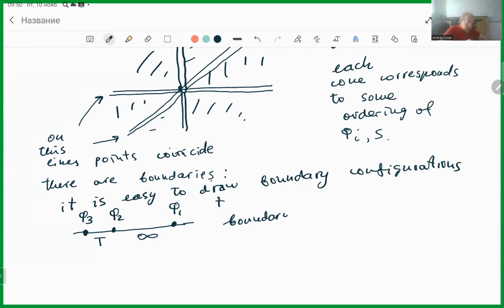It's a typical boundary configuration. Let us see what happens if we have this boundary configuration.